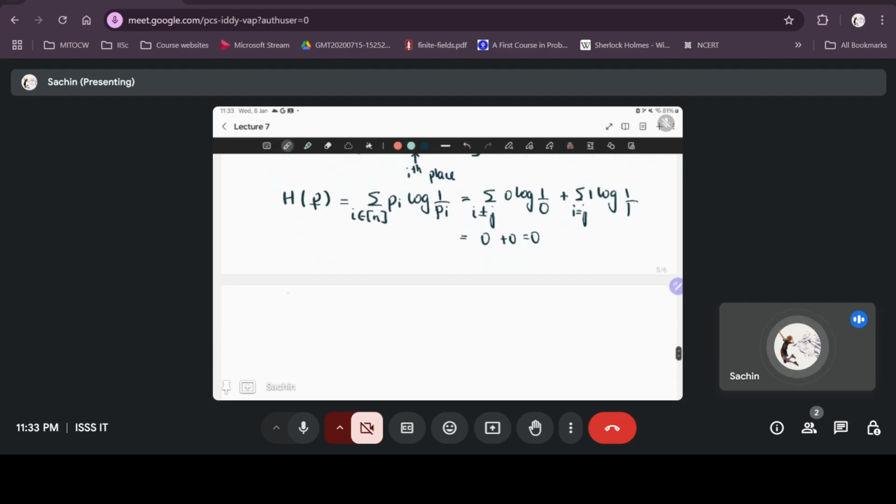So the answer to the question is that the minimum h of vector p is 0.